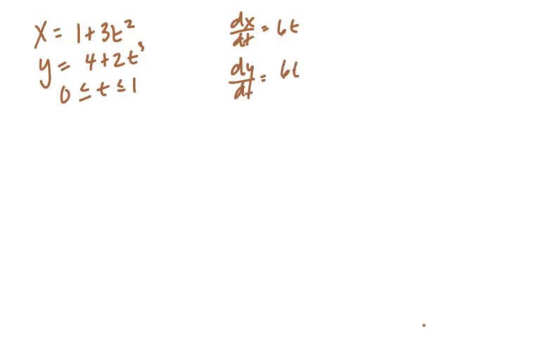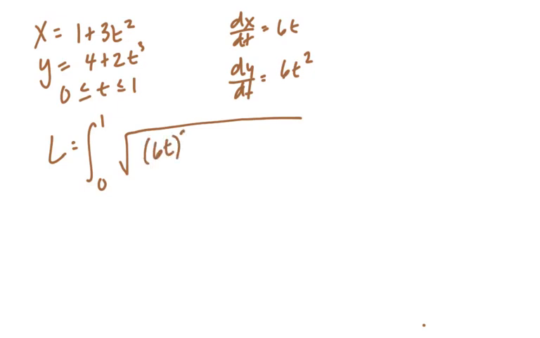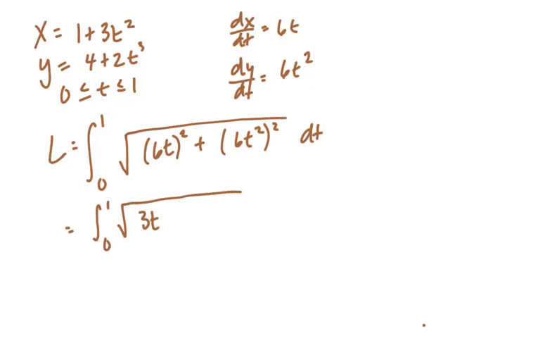which is 6t squared. So the exact length of our arc from 0 to 1 is a big square root, and we have dx over dt, which is 6t, quantity squared, plus 6t squared, quantity squared, with respect to t. So we have 0 to 1, the square root of 36t squared plus, this makes 36t to the fourth, dt.